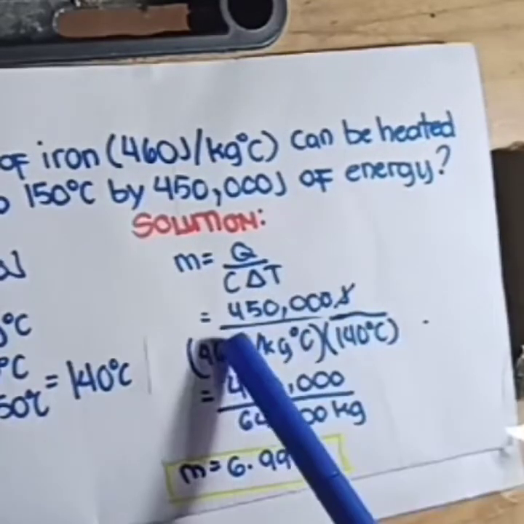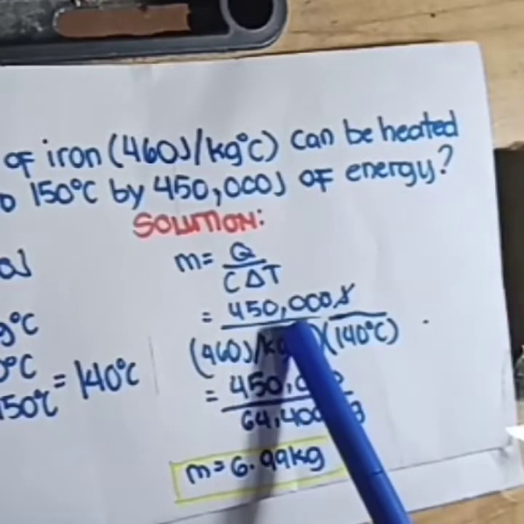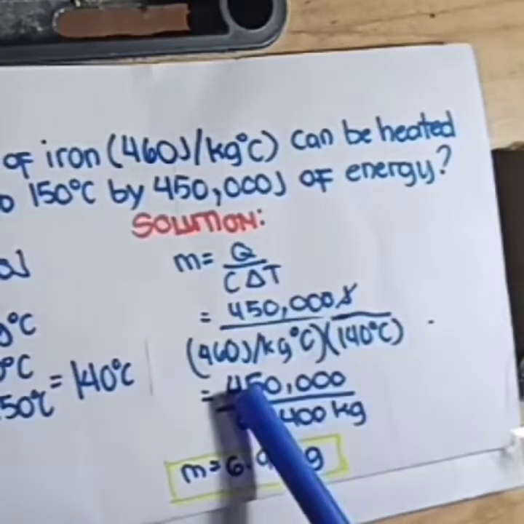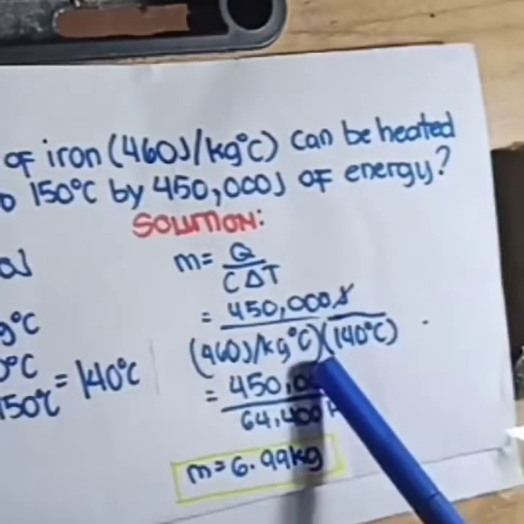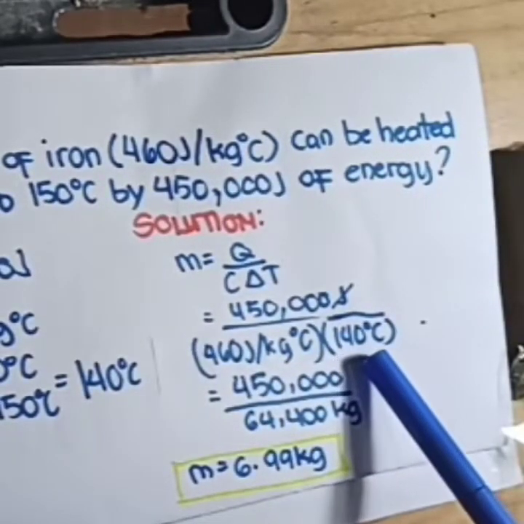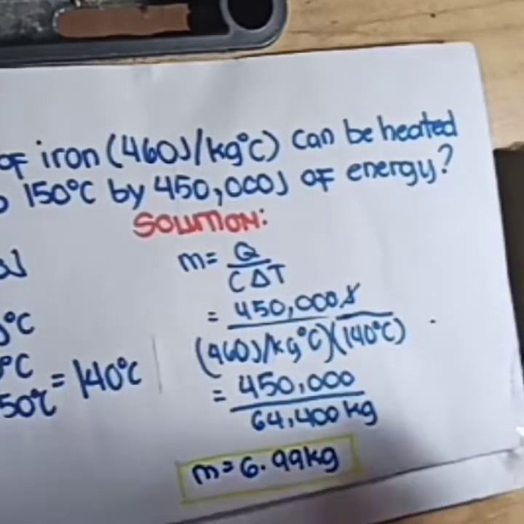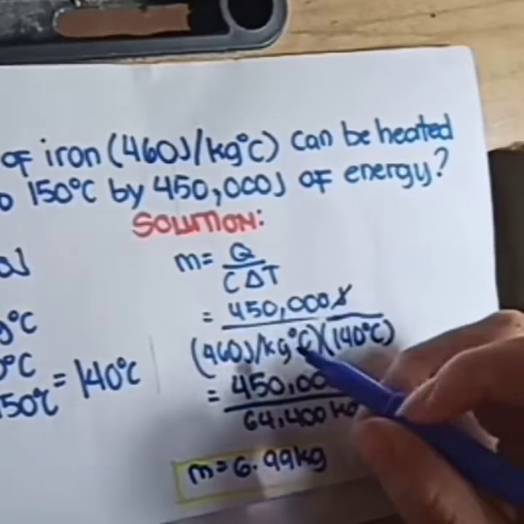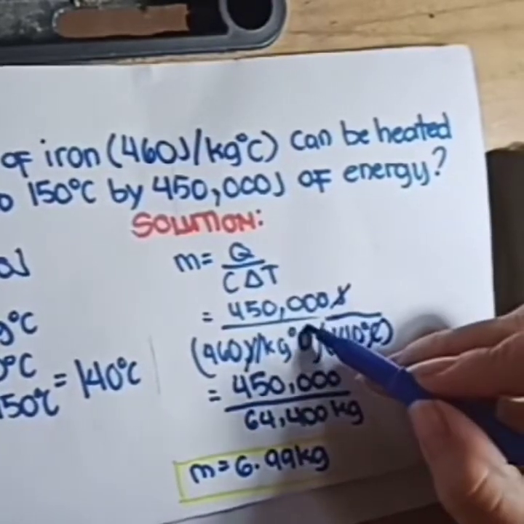So the second step is we're going to write the given. So we have the 450,000 joules over 460 joules per kilogram degrees Celsius times 140 degrees Celsius. So first, we're going to cancel out the joules, then the Celsius.